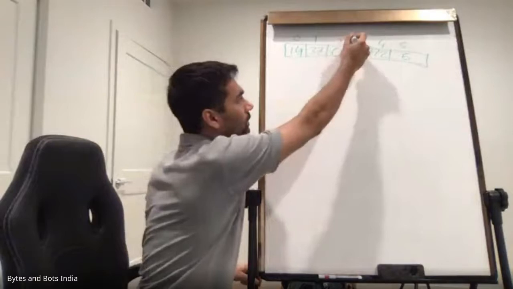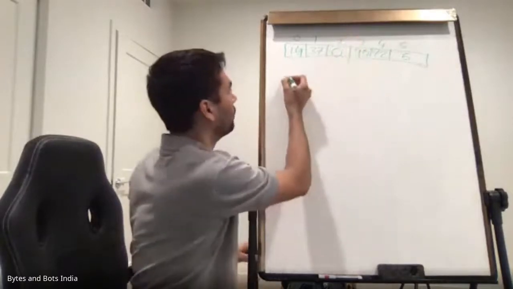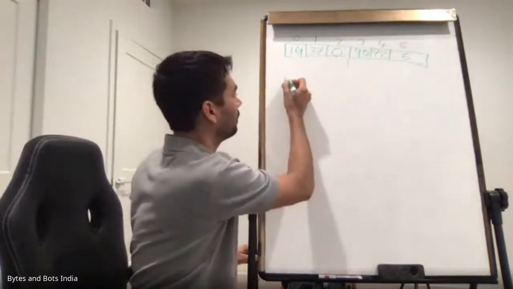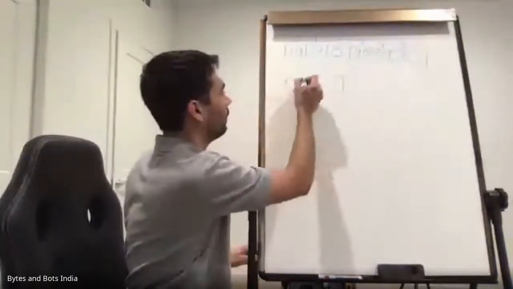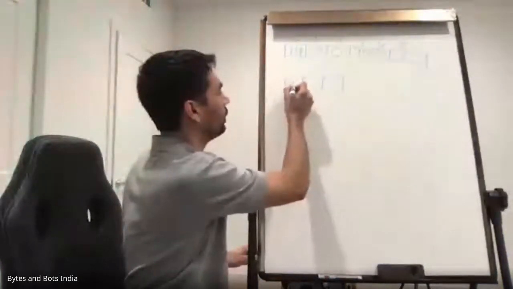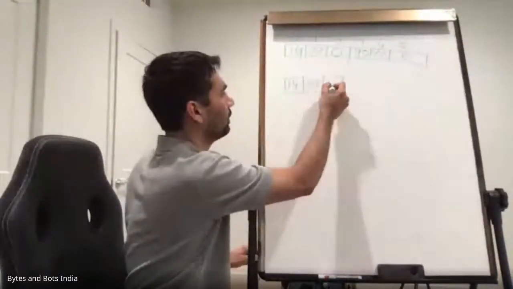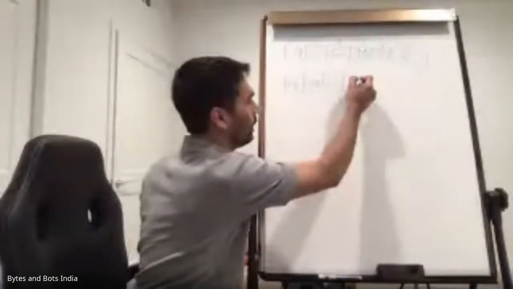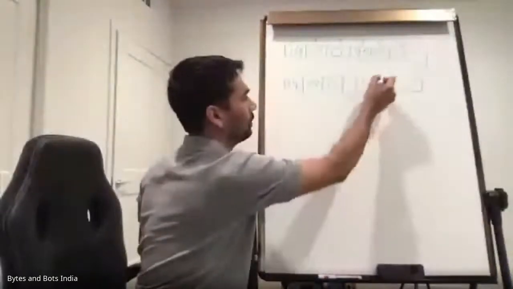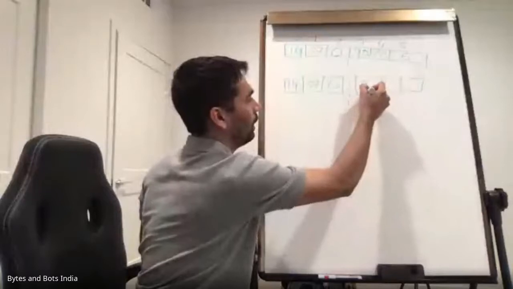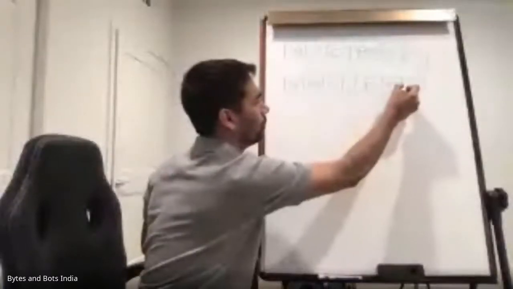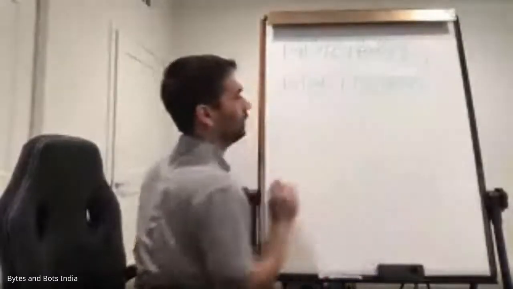So we divide the array right here, and we get 2 halves. In one half, we have 14, 37, 0, and in the other half, we have 90, 72, and 5.